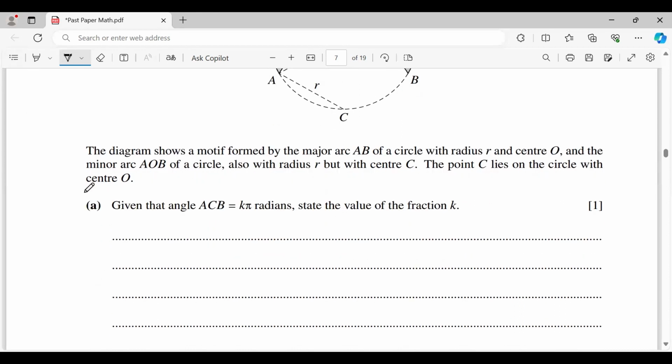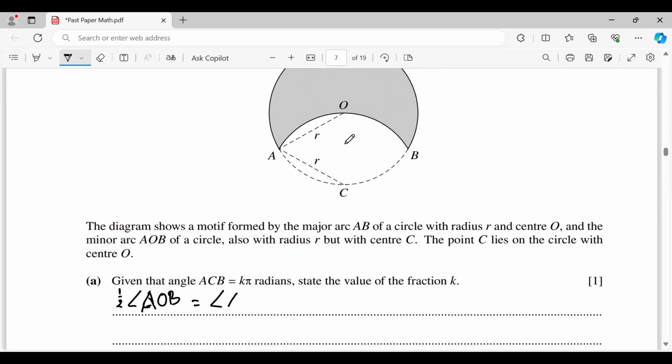So based on that information, half of angle AOB equals the angle at the circumference, ACB.